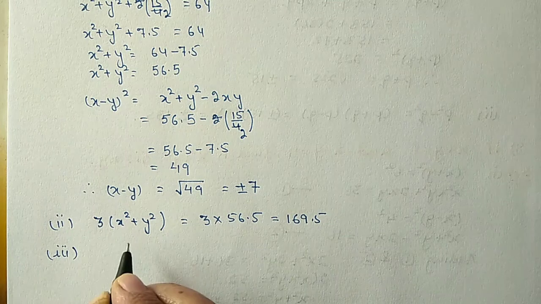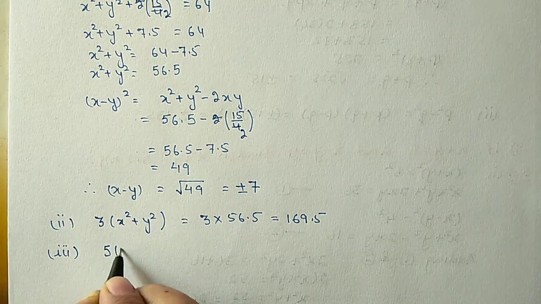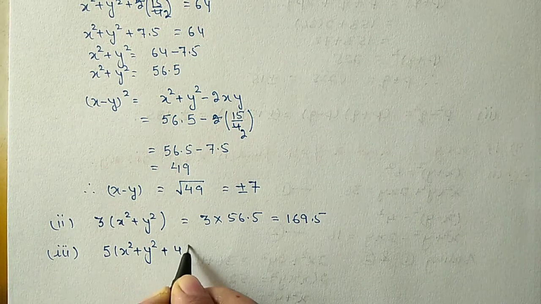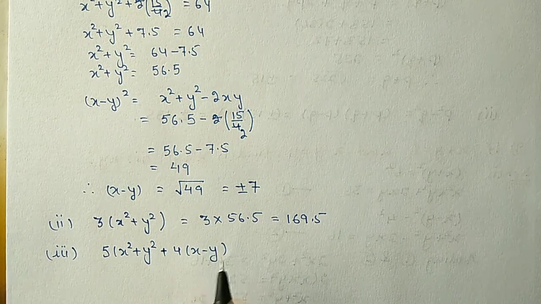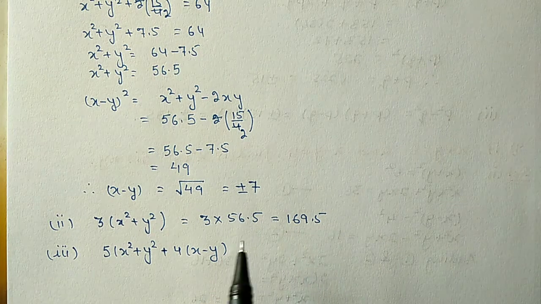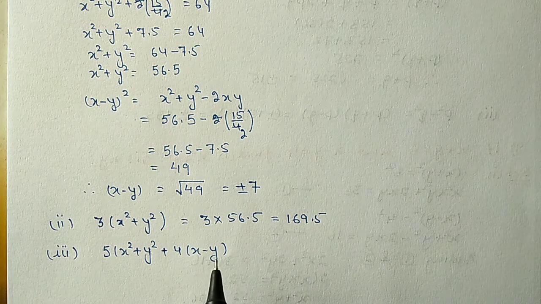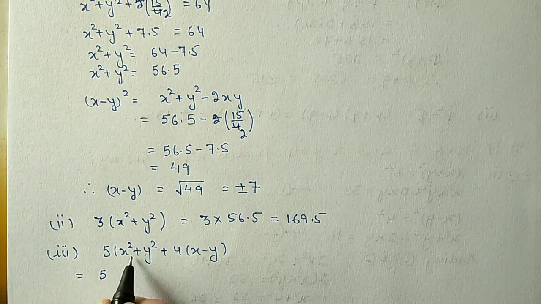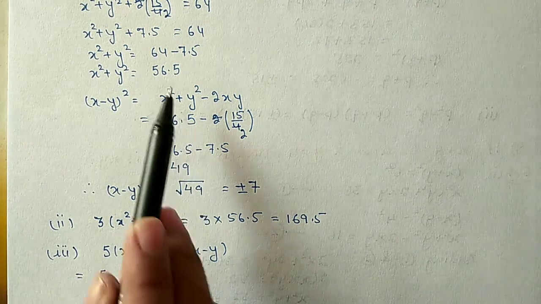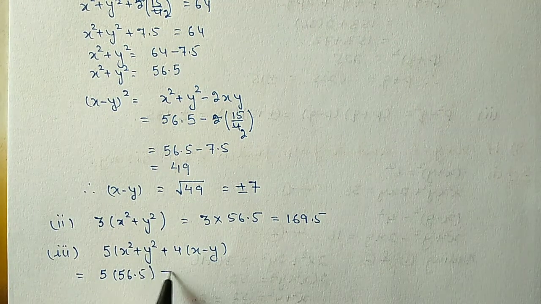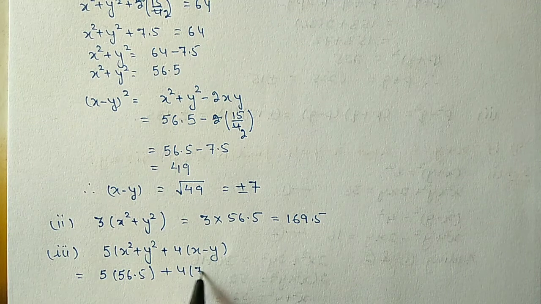Third part, we have to find out 5 times (x square plus y square) plus 4 times (x minus y). So for x minus y we have two values, plus 7 and minus 7. So first we will keep plus 7. 5, this value is 56.5, plus 4 into 7.